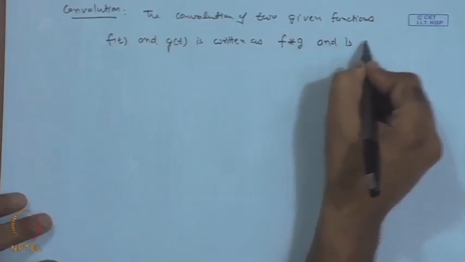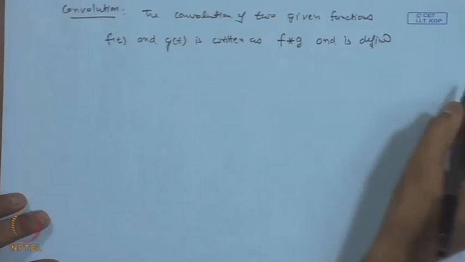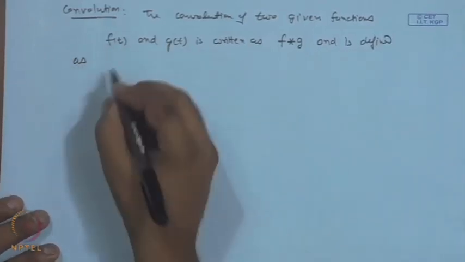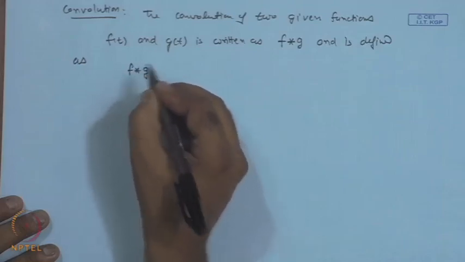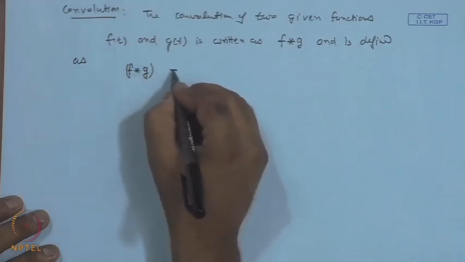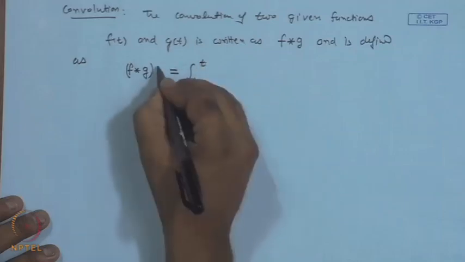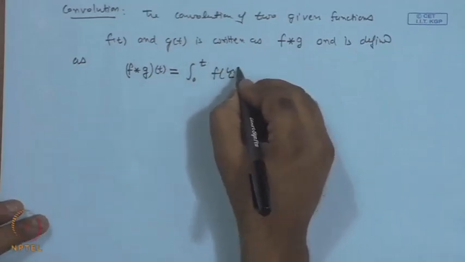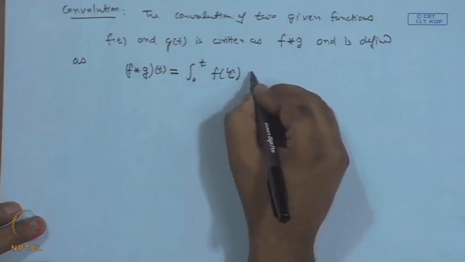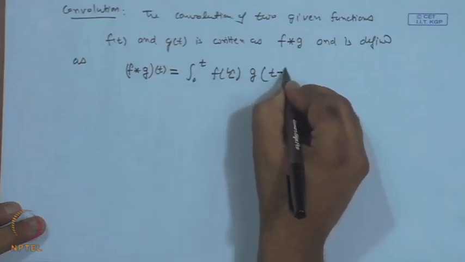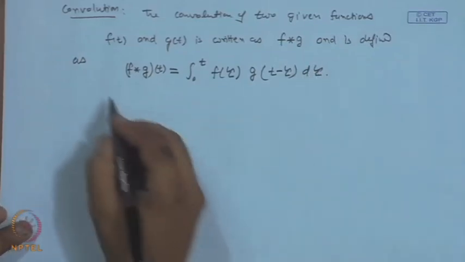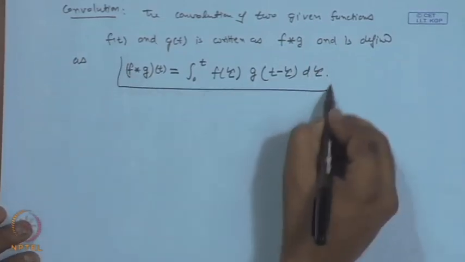This is the notation for the convolution and is defined by the integral, f star g, the convolution, from 0 to t, where we have f of the integrating variable tau and g of t minus tau, d tau. So, this is the convolution integral.